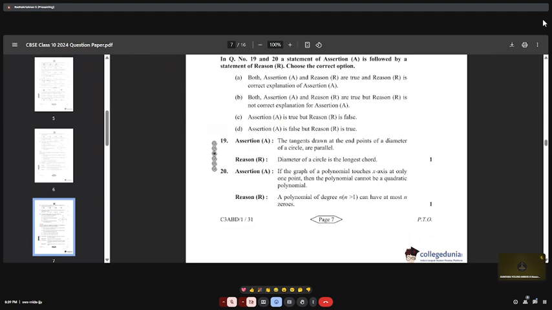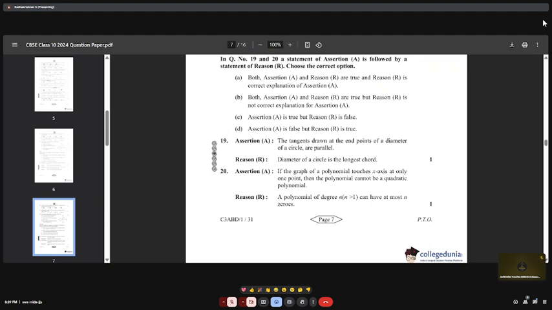That means it touches at only one point. So the assertion is not true, right?